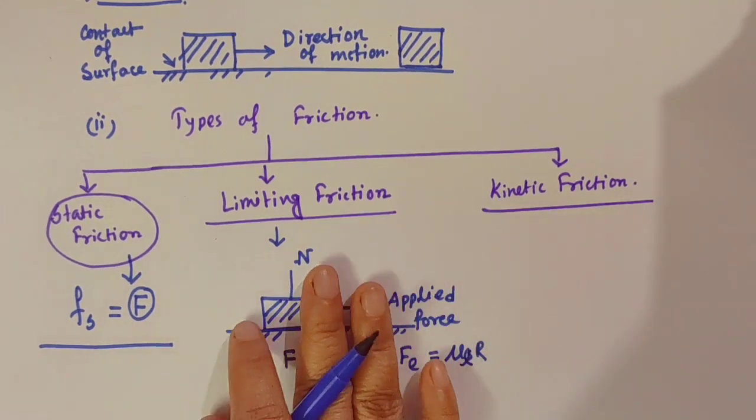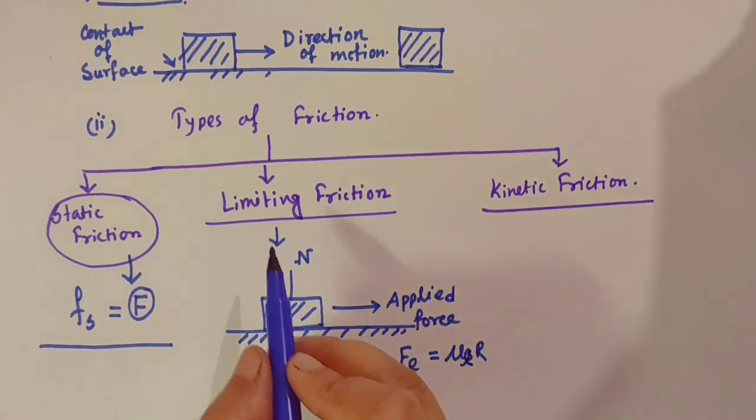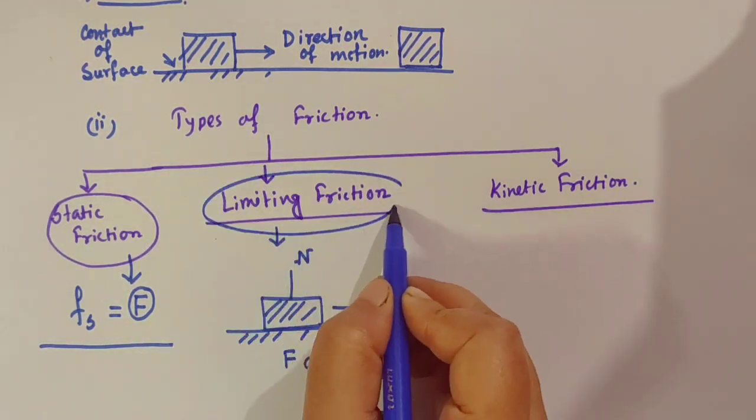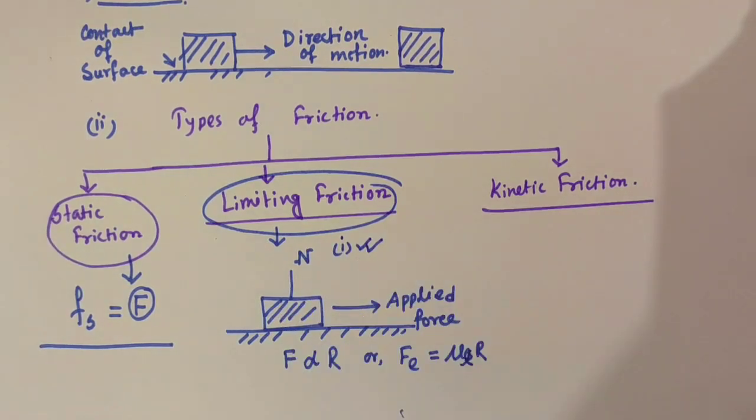Now, in limiting friction also, you have to remember some laws. So, there are 4 laws of limiting friction. Number 1, the value of the limiting friction depends upon the nature of the two surfaces in contact and their state of roughness.